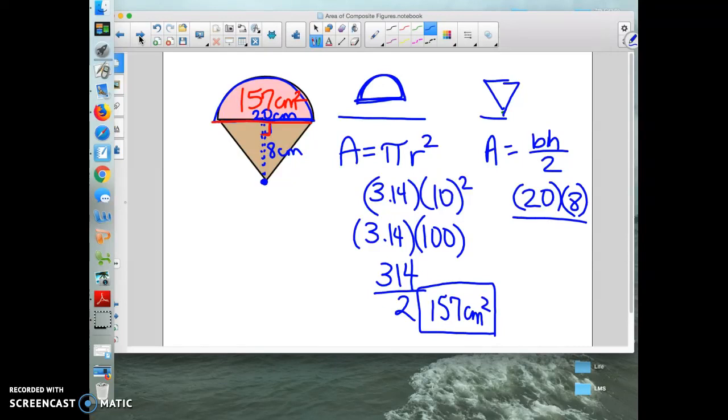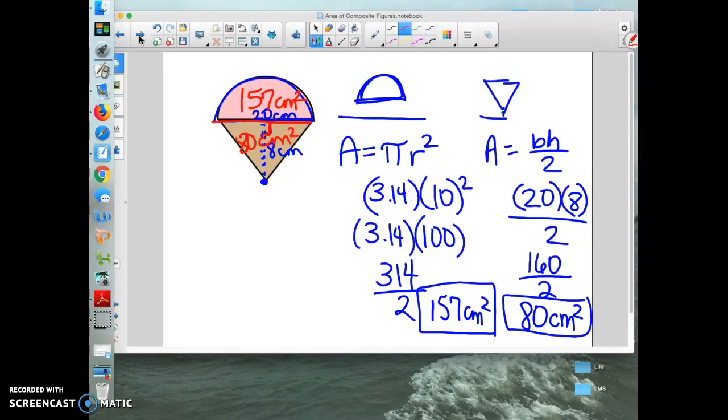We're going to multiply those and then divide by 2, order of operations. So 20 times 8 is 160, and 160 divided by 2 is 80. That's also 80 centimeters squared, because that's how many square centimeters would fit inside. So that's the area of the triangle.